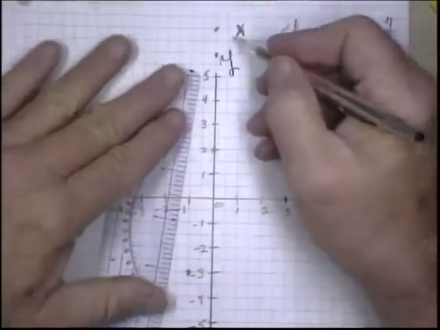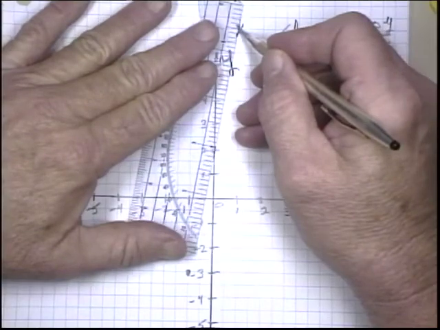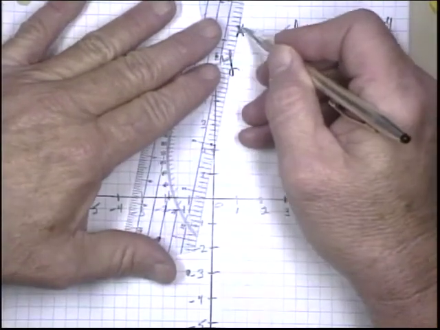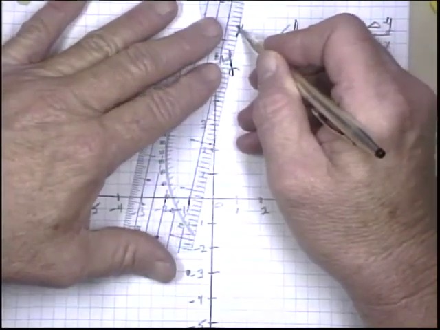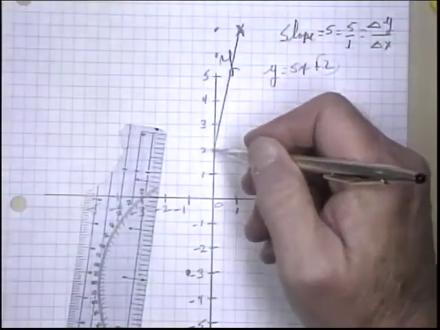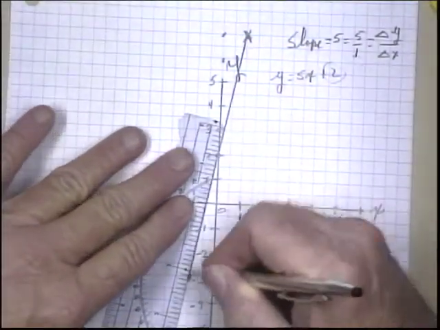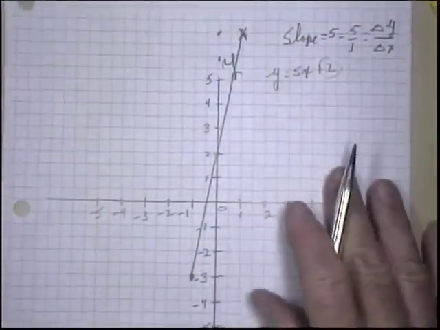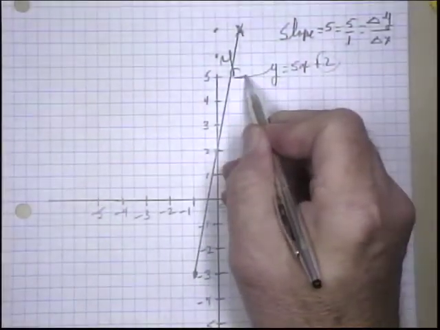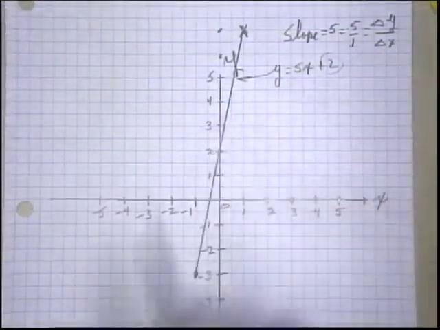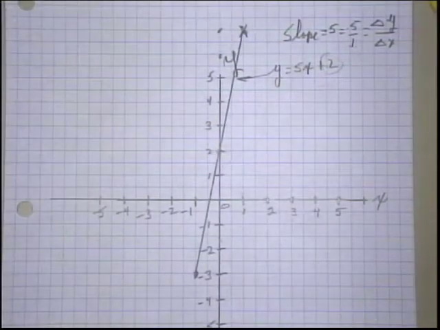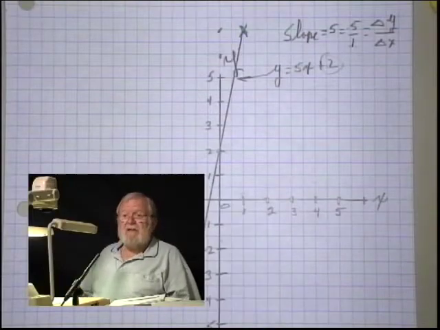And notice if we connect these two points, and these two points, we end up with a straight line. So that's the graph of this line. y = 5x + 2 generates this graph.